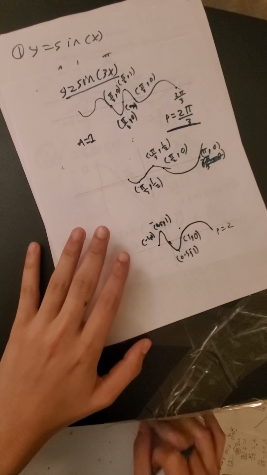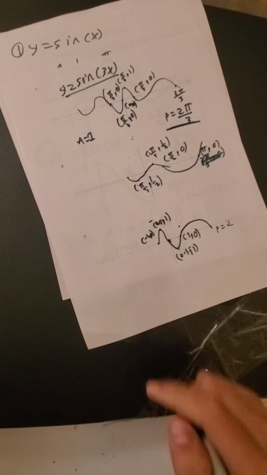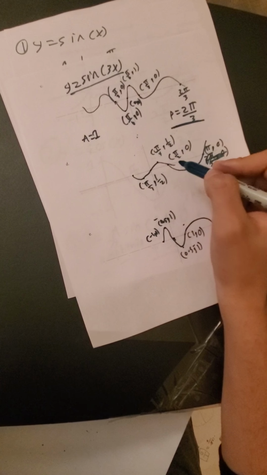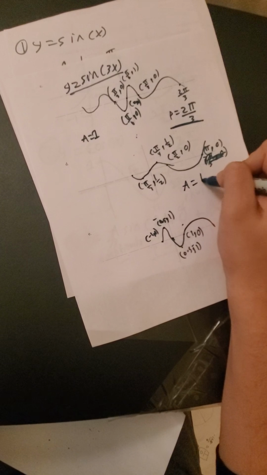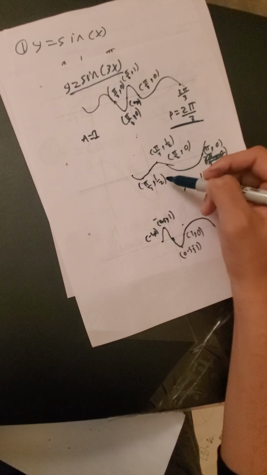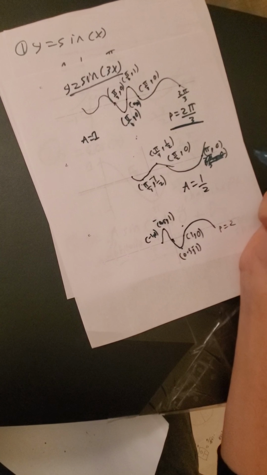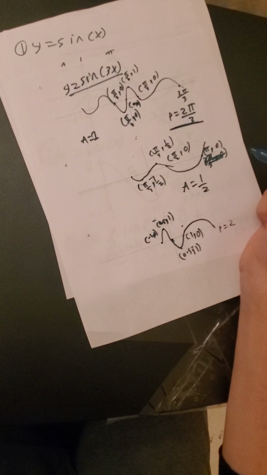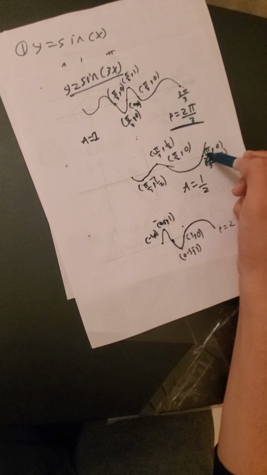Okay, so for part D, there's a couple of things that are a bit different. So first, we notice that the amplitude went from 1 to 1/2. So A equals 1/2 because it goes to 1/2 and then goes back down to negative 1/2 and so on. Keeps oscillating at that rate. We also notice that the period now is pi instead of 2 pi.